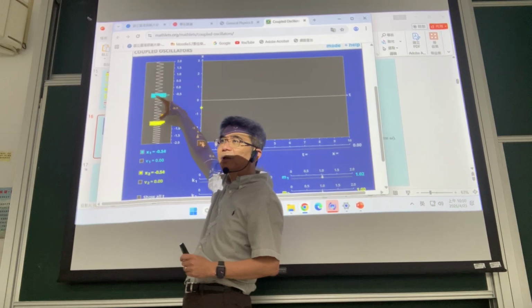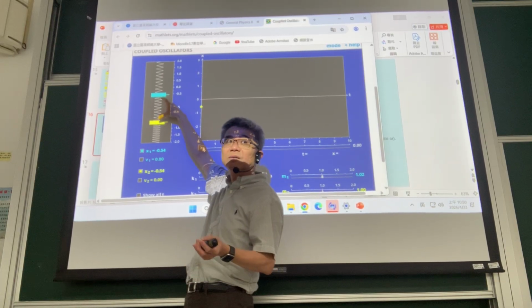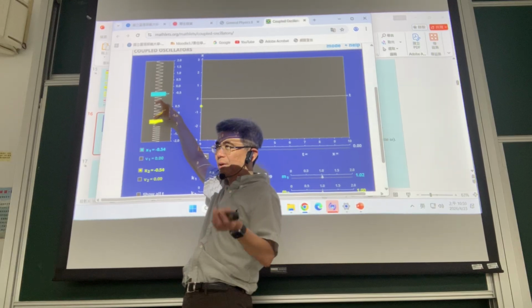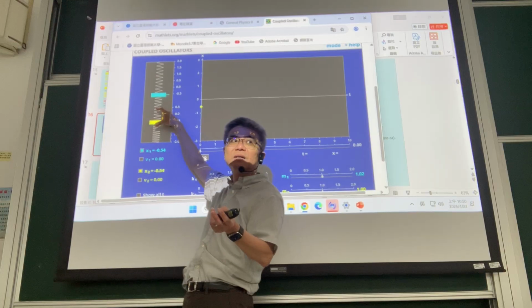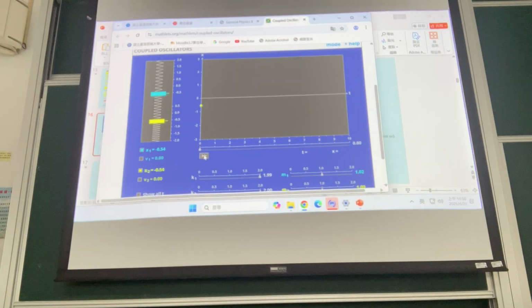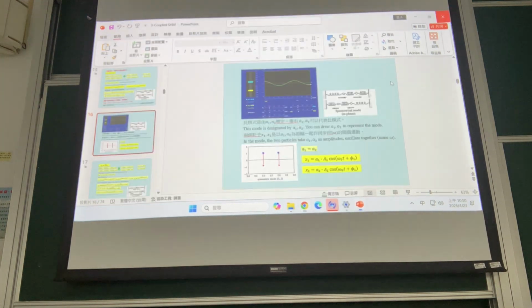So in the beginning, the middle spring is of natural length. There's no force, so it is decoupled in the beginning. And when they oscillate together, it remains decoupled. So that's why this symmetric mode is so simple.